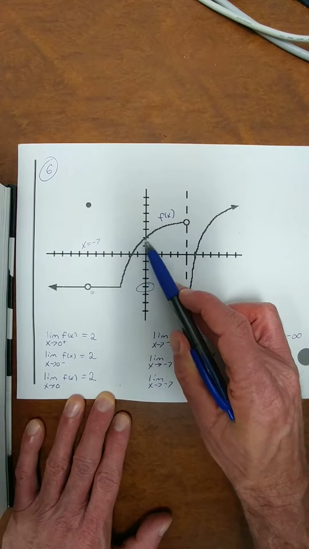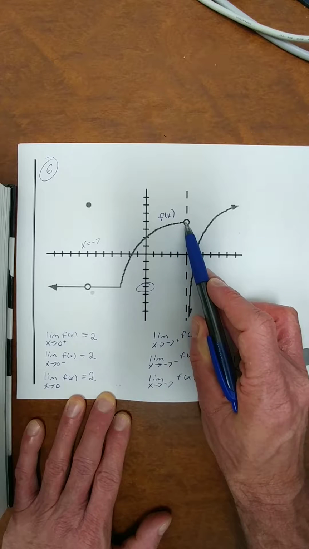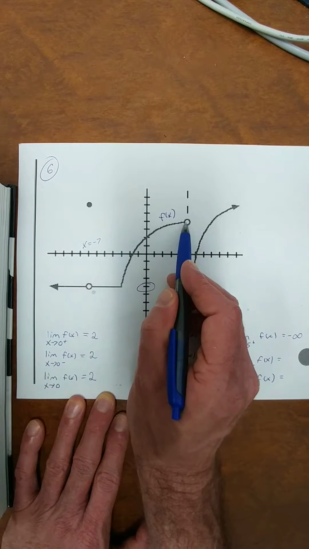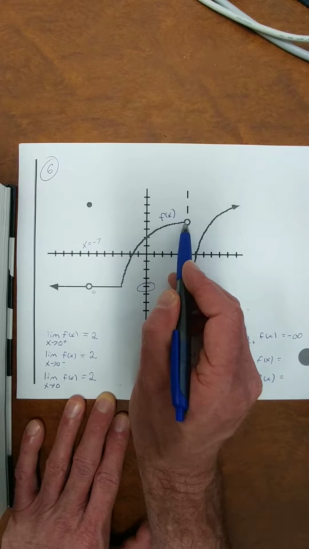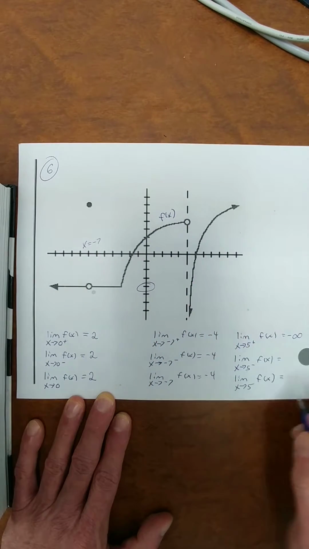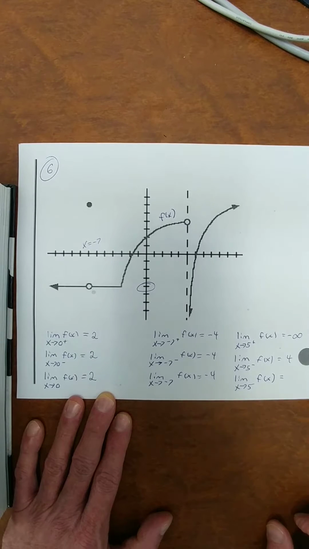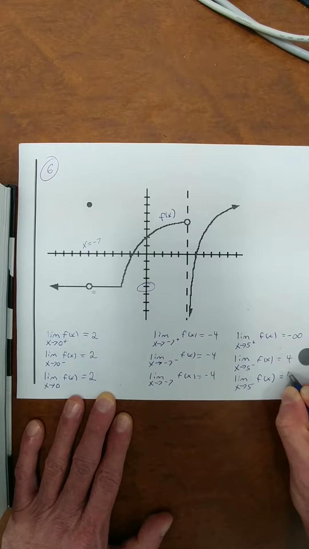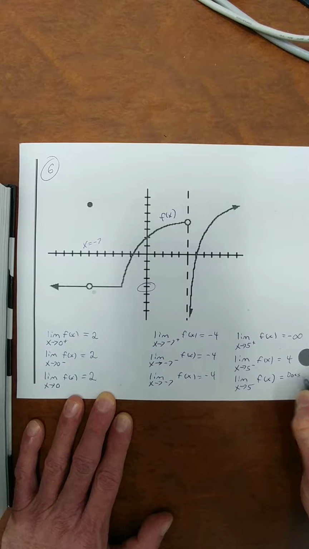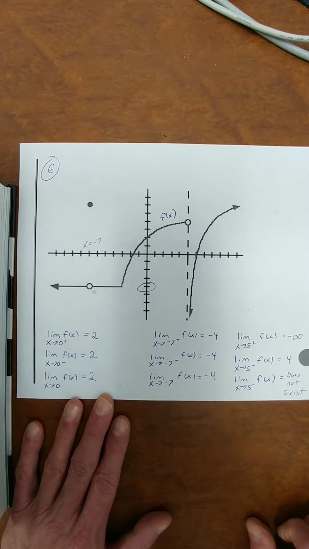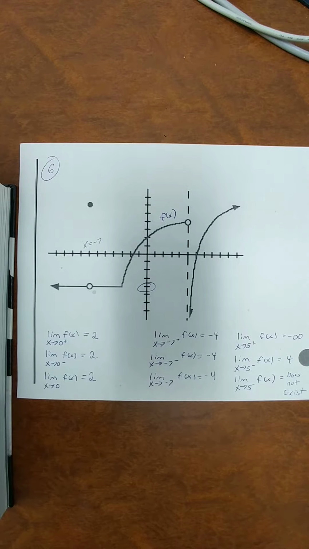However, on the other side of the asymptote, it appears that the curve's approaching this hole, which is undefined, but we still go by what we are getting nearer and nearer to, and it appears that our limit is approaching 4. But as you can see, there's no agreement here. So this limit does not exist at 5, because the left and right hand limits are in complete disagreement.